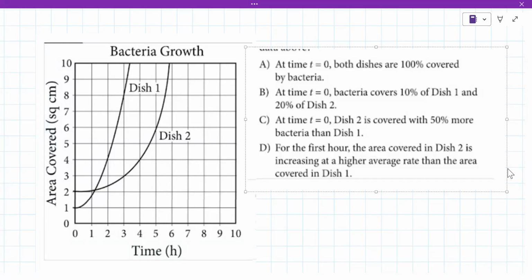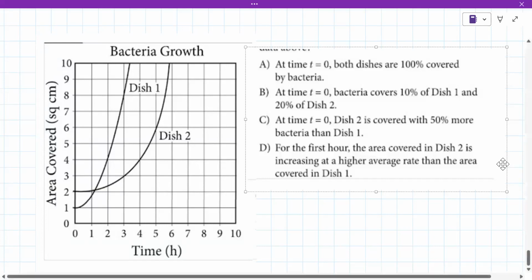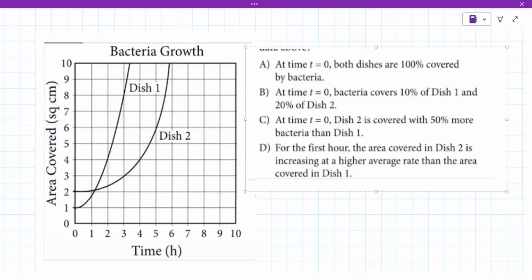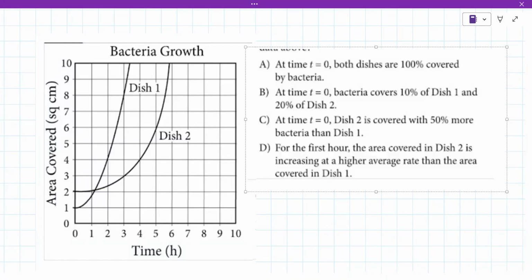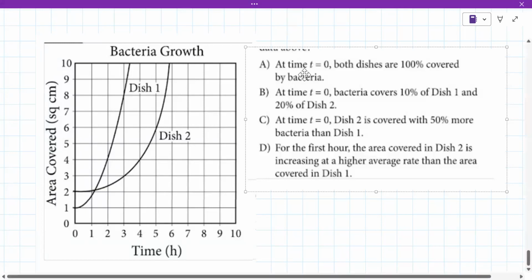Is it B? Okay, how did you come up with B? Because it's out of 10, and dish 1 is at 1 and dish 2 is at 2. And you would be correct.